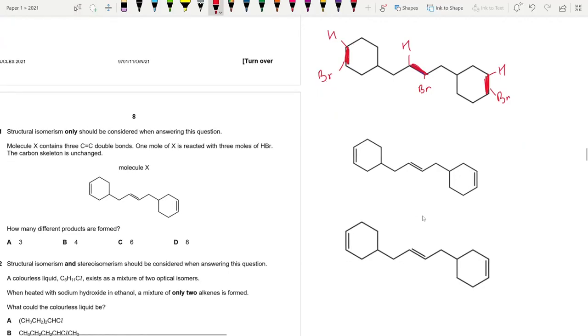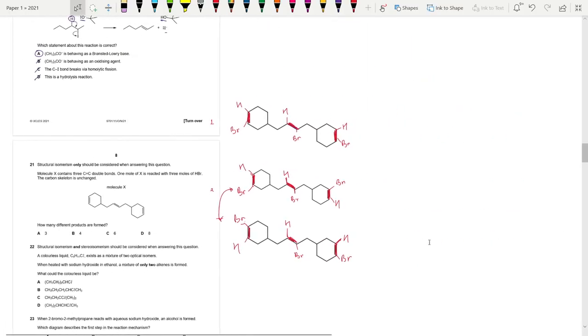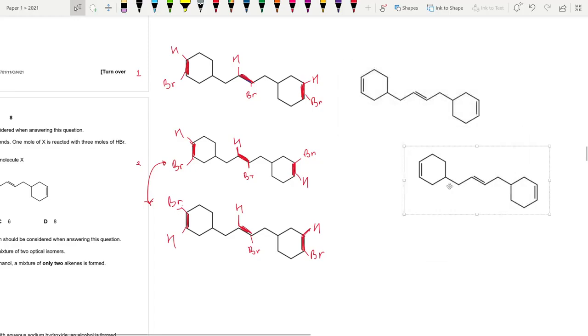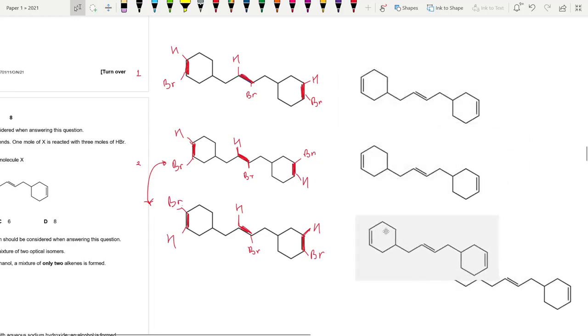Now I'm gonna attach H in the same position, Br in the same position, but now I'm gonna switch these places to BrH and HBr. Now what? Check this. Now the difference in the second stage will be, now I'm gonna add the HBr in this manner. I'm gonna add bromine here, hydrogen here, bromine here, hydrogen here, bromine here, hydrogen here.